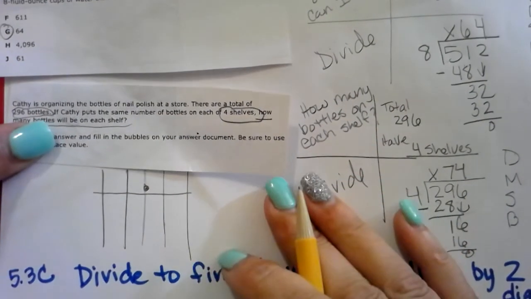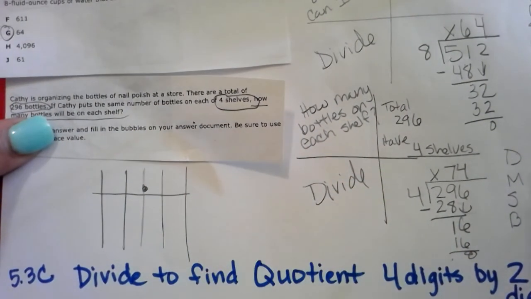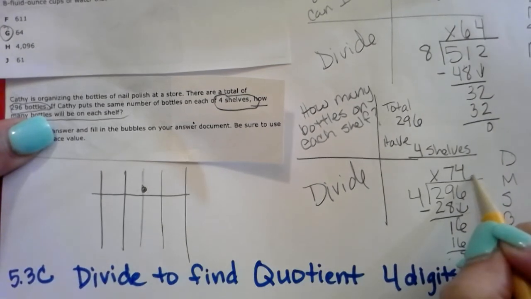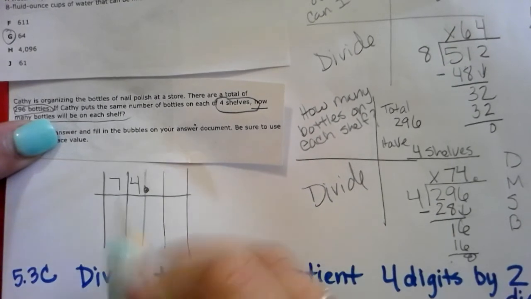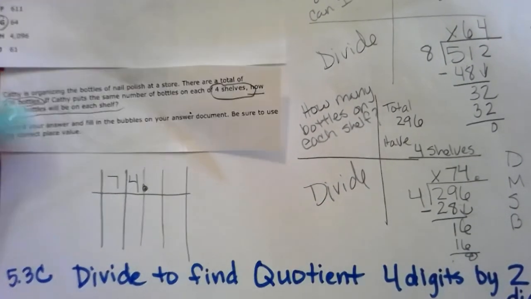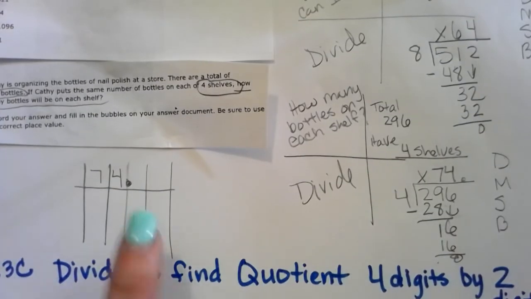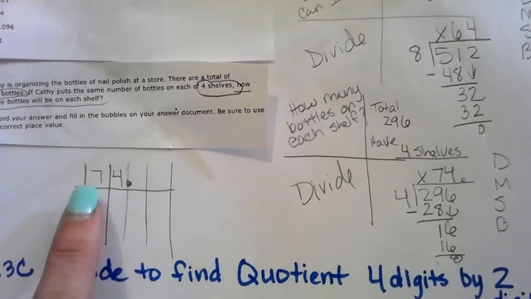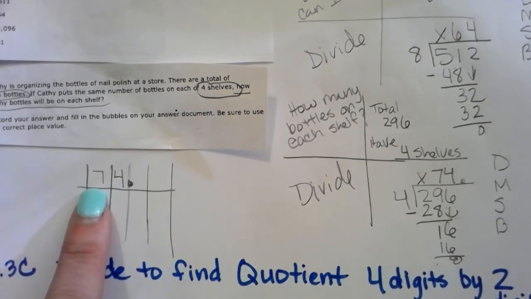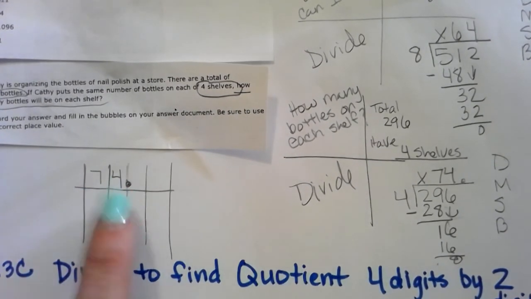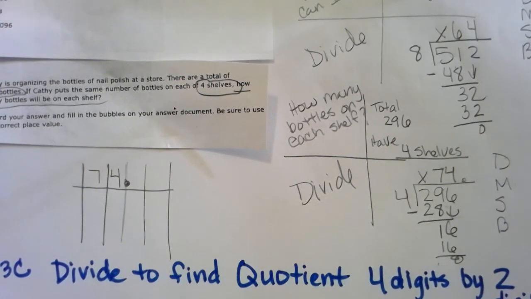This 74, if it does not have a decimal, the decimal's at the back. Therefore, it has to be written in front of the decimal and then bubbled correctly. Okay? It doesn't go back here. It doesn't go way over here. That is 4 1s and 7 10s. 74. 7 $10 bills, 4 $1 bills. 74. So make sure you're gridding that correctly on a bubble.